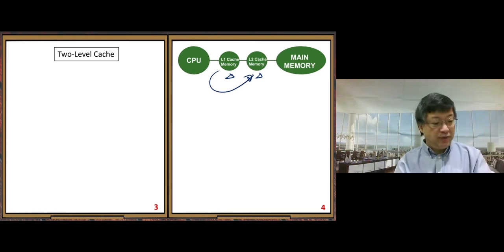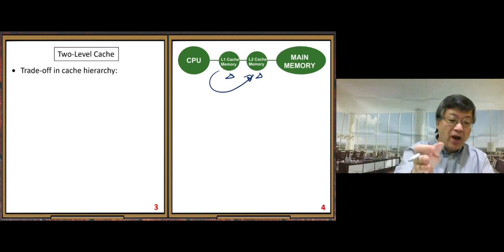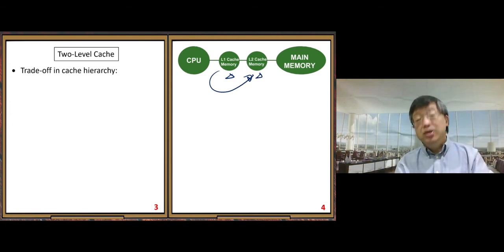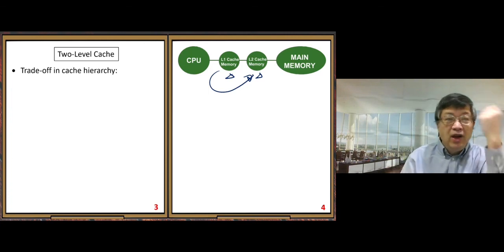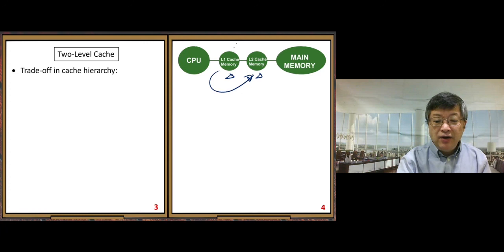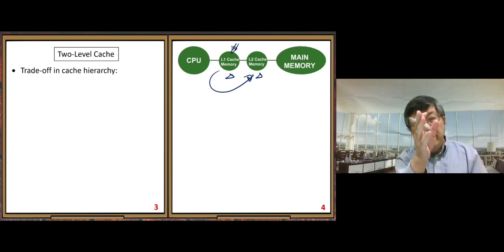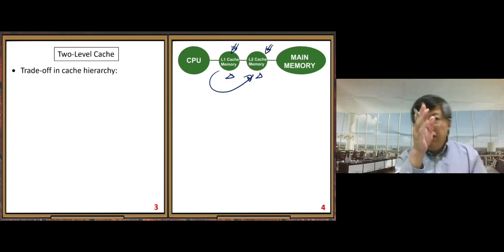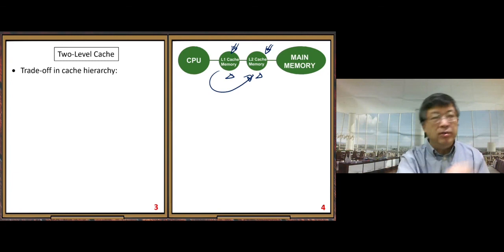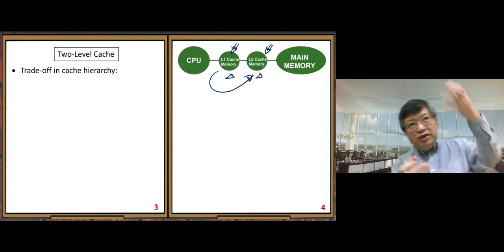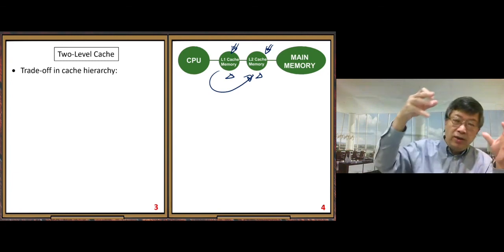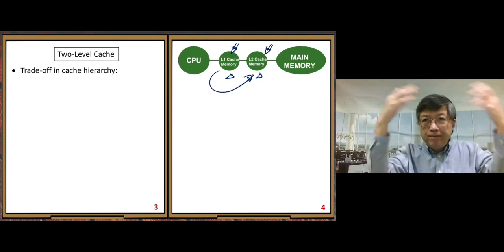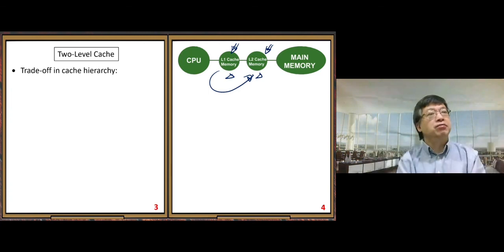All right, so with that, it's a trade-off in cache hierarchy. We need to make some trade-off, so we sacrifice something a little bit, right? So we sacrifice capacity a little bit in the L1 cache, and in the L2 part, we sacrifice performance a little bit. So increase here a little bit, decrease there a little bit. So we get a very good combination, a balanced solution in this way.